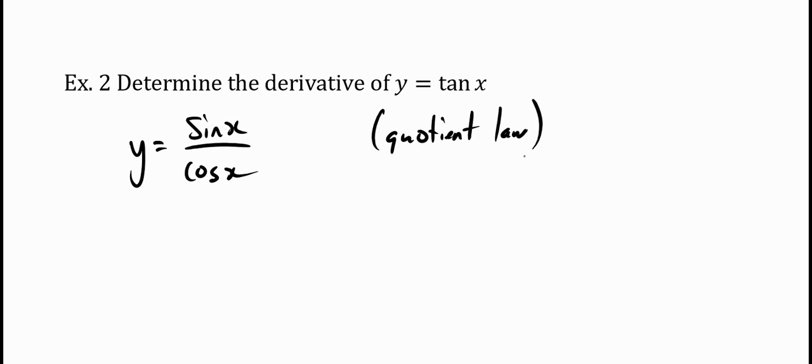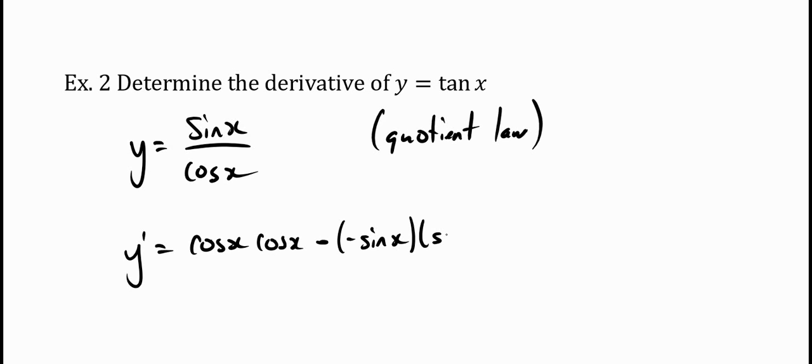The quotient law. The derivative of the top is, the derivative of sine is cosine. So cos x times the bottom minus the derivative of the bottom, which is negative sine x times the top, all over the bottom squared.